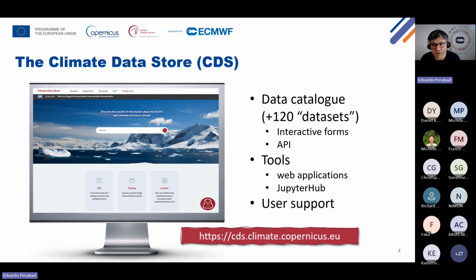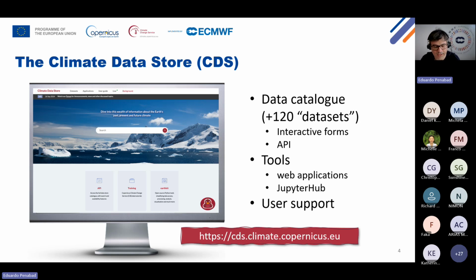It's a platform with a data catalog, which currently consists of more than 120 different data sets, from in situ observations, reanalysis, to climate predictions, both seasonal timescales and in the future. There are already some demonstrators there about decadal timescales. There will be more in the future, and also climate projections. So all those data and derived data sets from all these families of data sets.